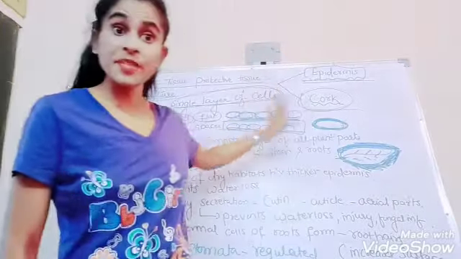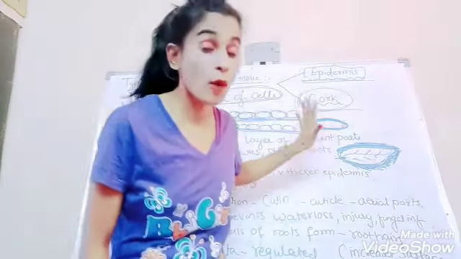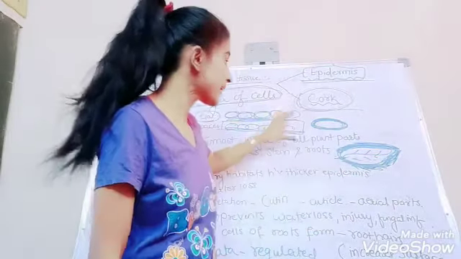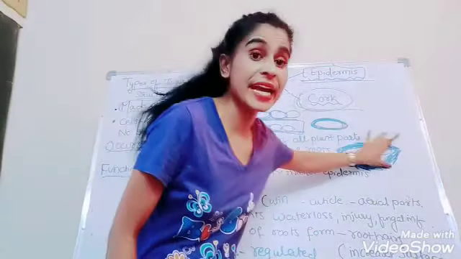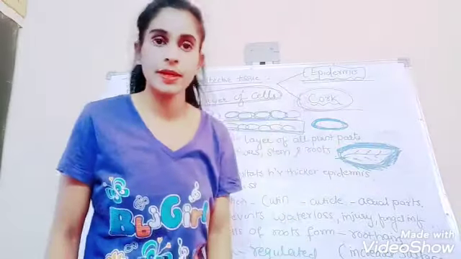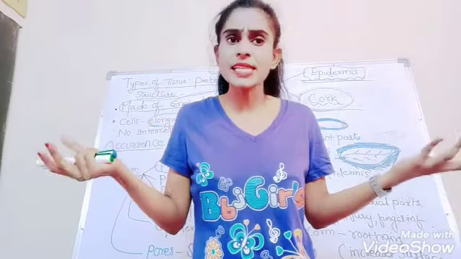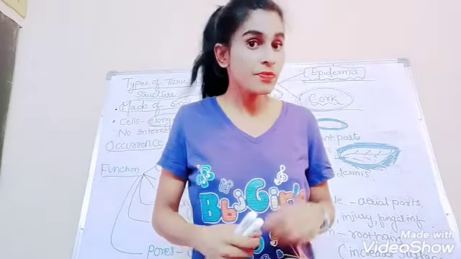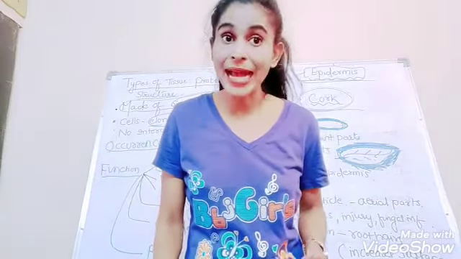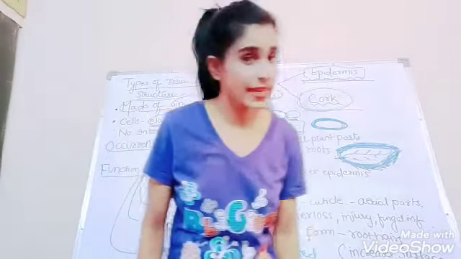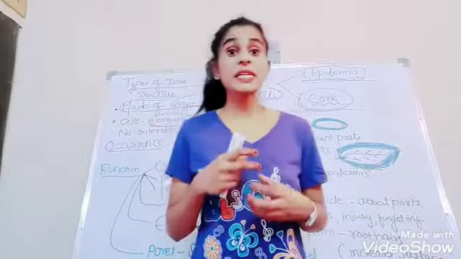Here the epidermis plays the heroic role. It prevents the loss of water by making the epidermal layer very thick. If the epidermal layer is very thick, there are fewer chances of losing the water. So remember guys, in case of deserts or very dry habitats, the epidermis is very thick.